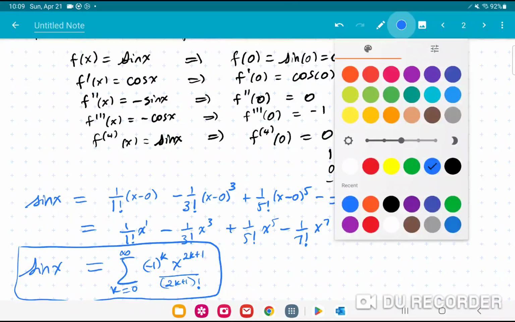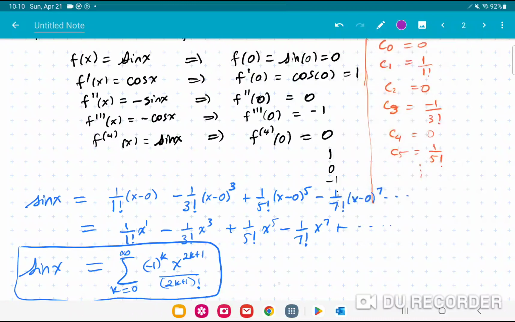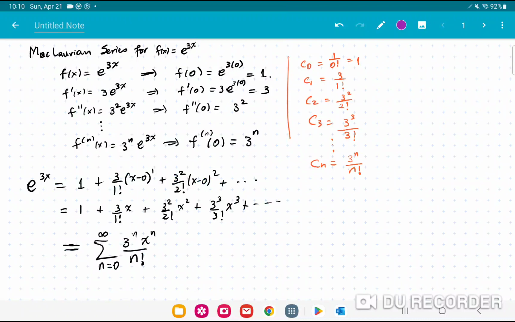And if we compute the interval of convergence using the ratio test, we're going to get from minus infinity to infinity. By the way, this also has interval of convergence minus infinity to infinity, if you do the legwork and compute the radius of convergence and interval of convergence. Okay.